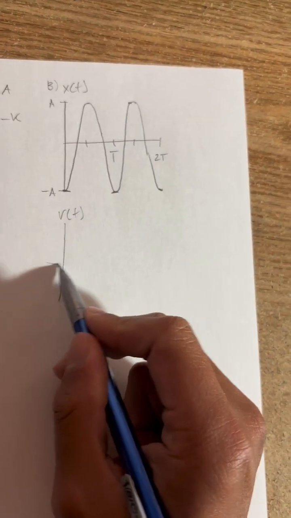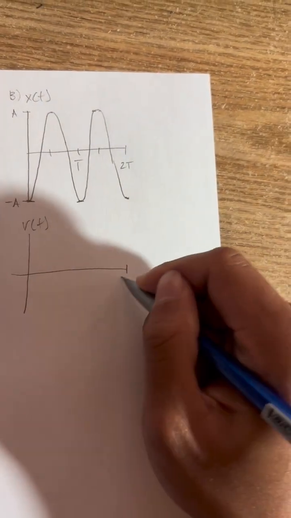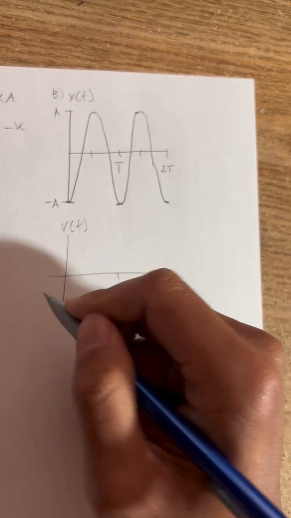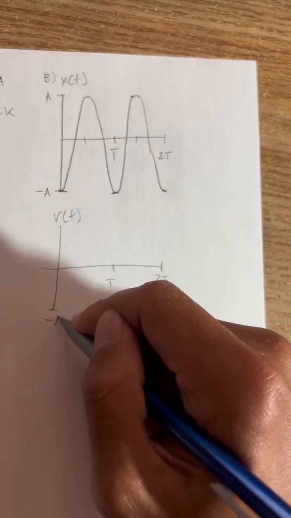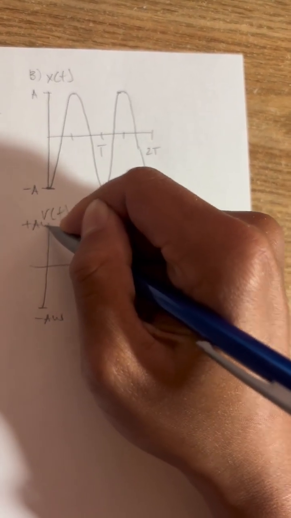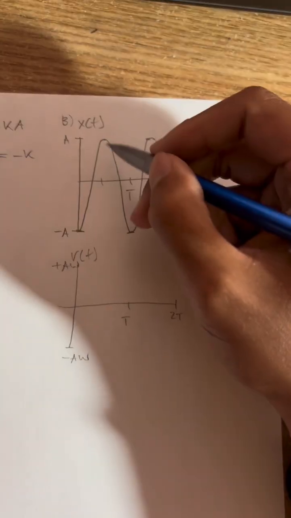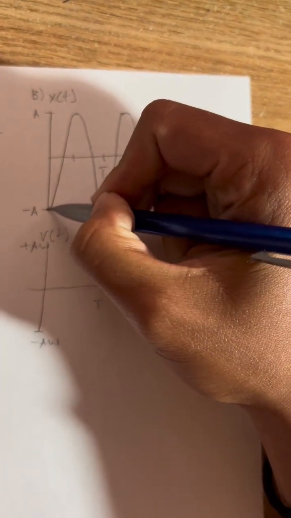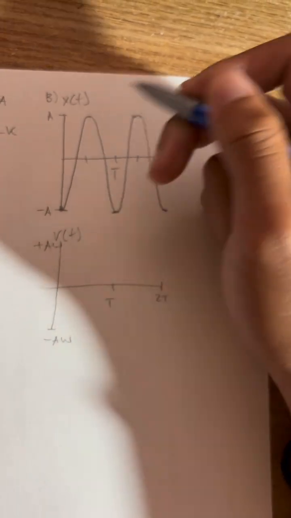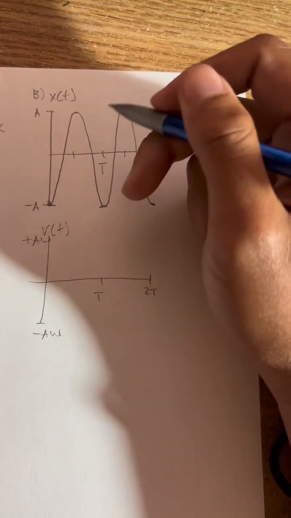Oh wow, that's kind of slanted. It's all right. 2T, T, and this time it's not negative A or positive A, it's negative A omega. Wow, that was nice. All right, so we see here that at the start, the slope is increasing, and the slope for x(t) means the velocity.